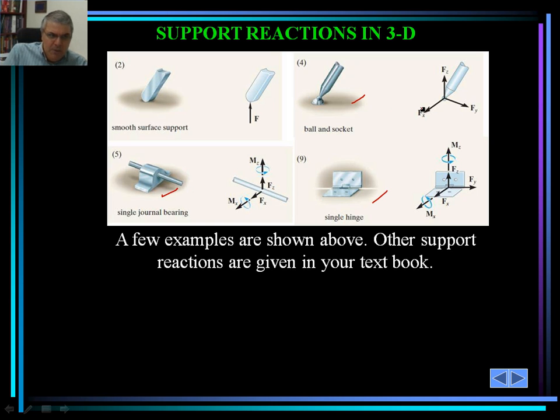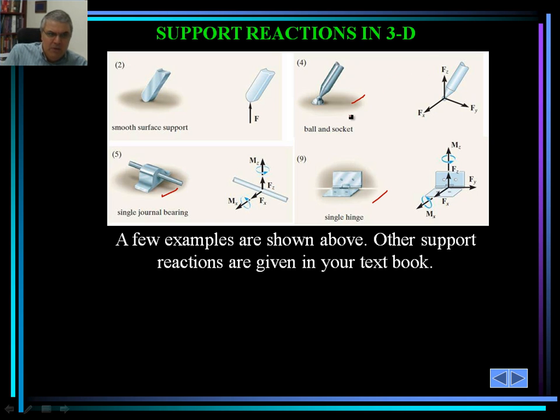And as such, when you see this red circular arrow, that shows the moment, and the forces are shown in the directions in which they are shown. For example, for a single hinge, we are going to have, of course, three reactive forces, F sub x, F sub y, and F sub z, and there will be two moments in the two directions in which the hinge is prevented from moving.